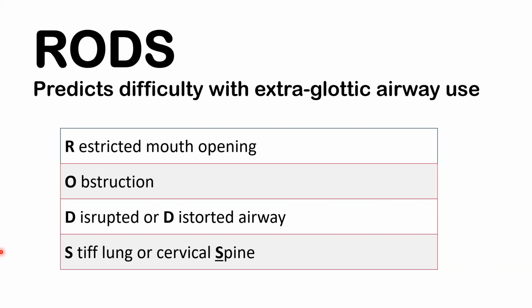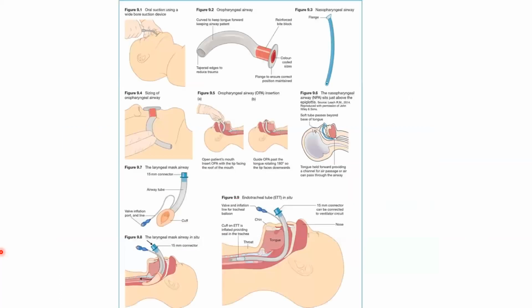Then patient yang ada obstruction, ada swelling inside the throat, janganlah masuk sebab you cause more obstruction. Then distorted airway and stiff neck pun susah nak masuk. You predict it will be hard for you to use a supraglottic airway. This is the summary untuk benda tu.